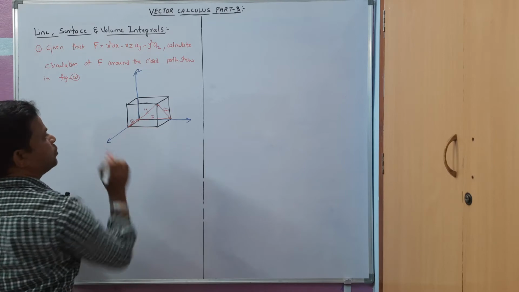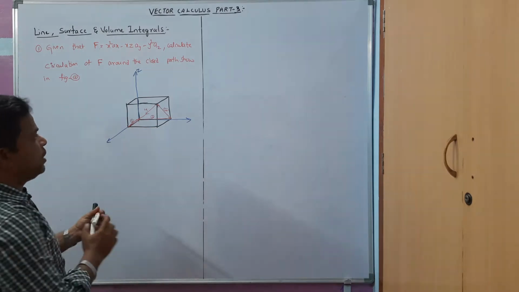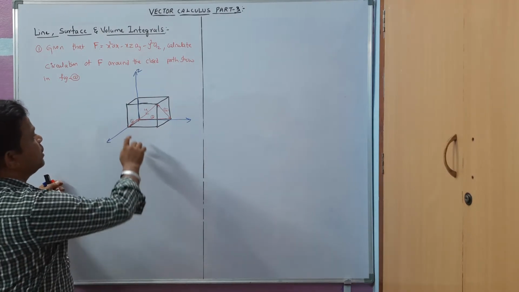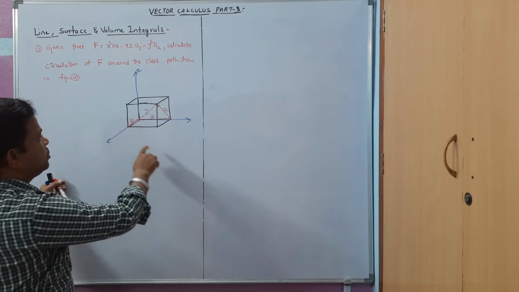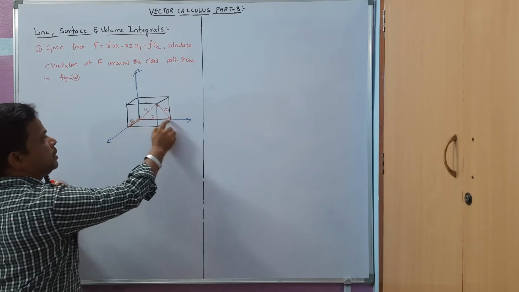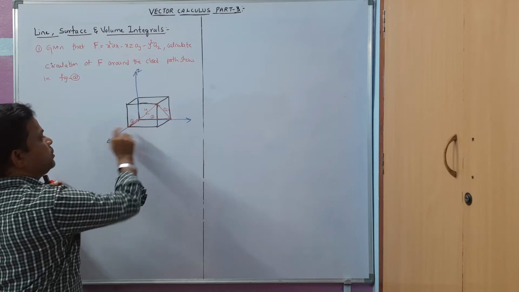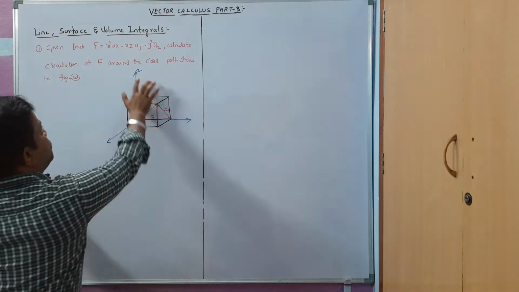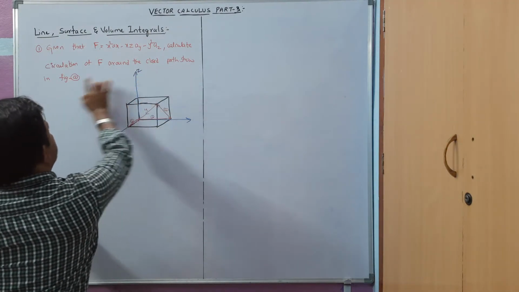So this is reaching to this point. Now we have to find this closed loop integral. So this is a closed path from here to here, here to here, here to here, and finally here to here. So we have to find around a closed path.